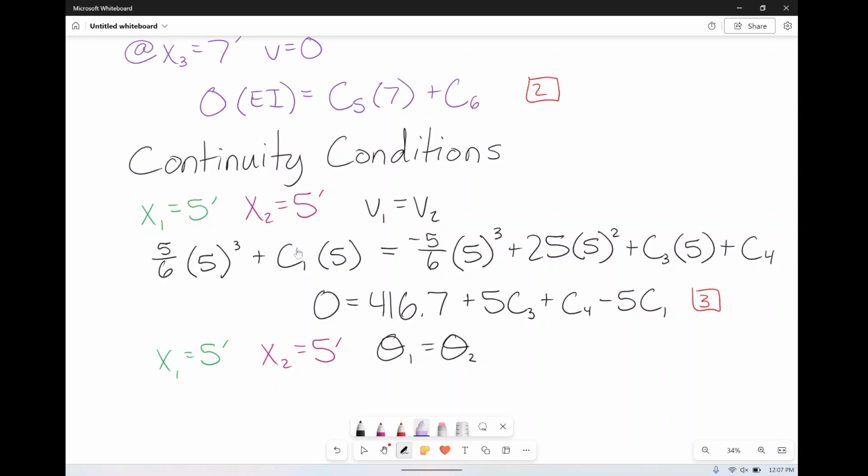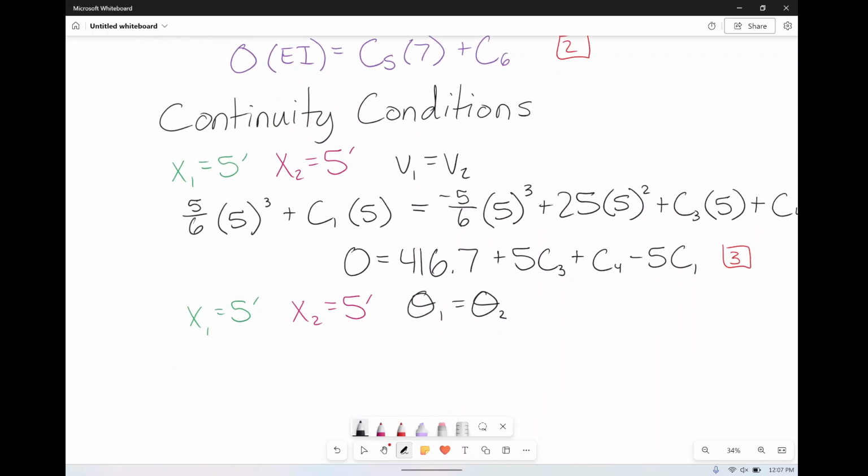So down here, plugging in 5 for x, for slope 1, we're going to have 5 divided by 2 times x, which is 5 squared, plus c1, is equal to, same slope because same direction for x here, minus 5 divided by 2 times x squared, plus 50 times x plus c3.